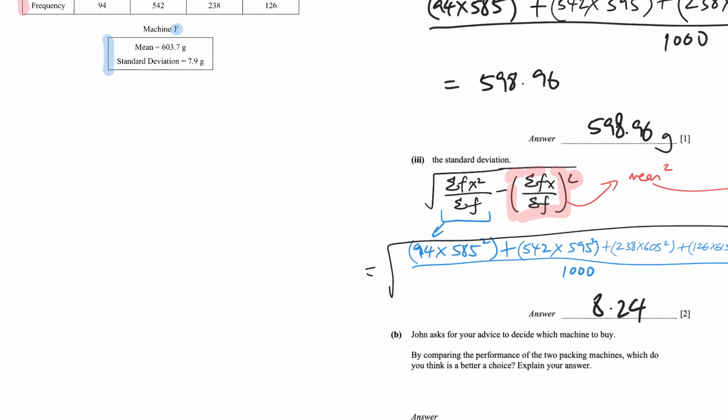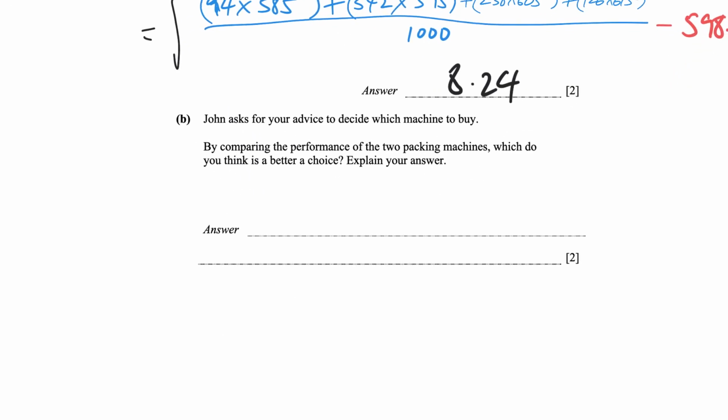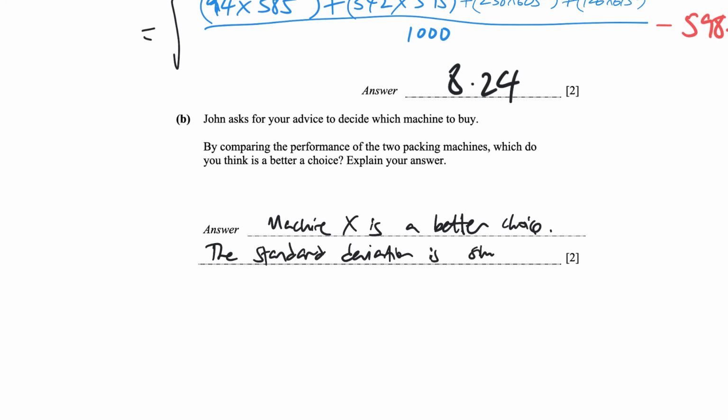So machine X is a lot closer to packing 600 grams, and thus we can say that machine X is a better choice. The standard deviation is similar, but X packs closer to 600.